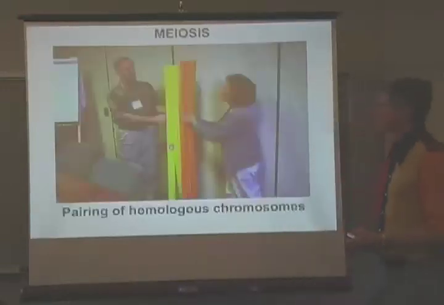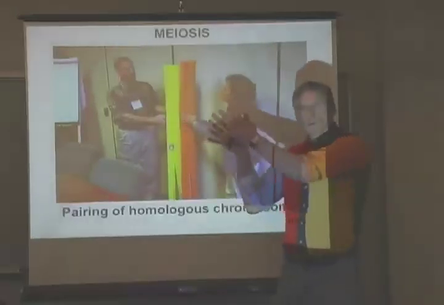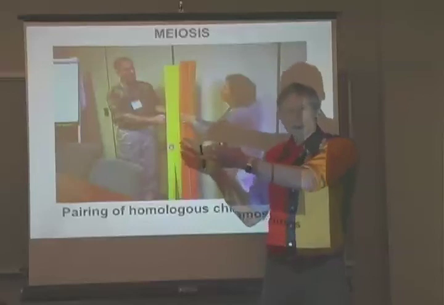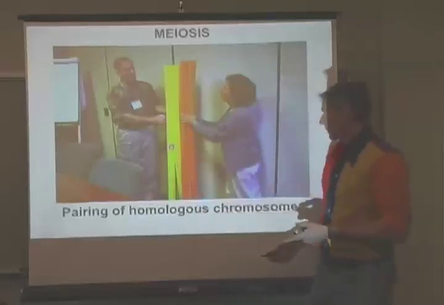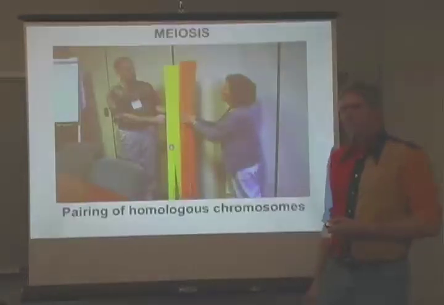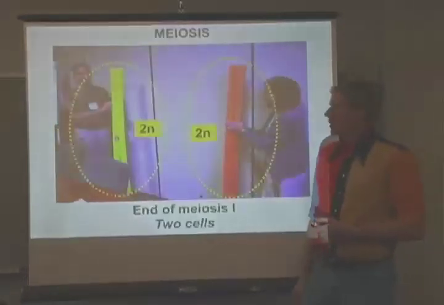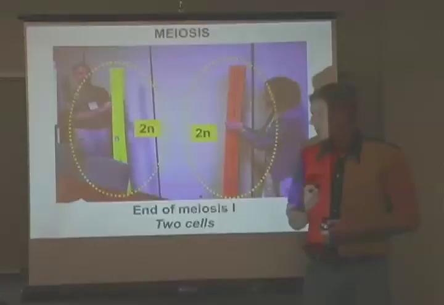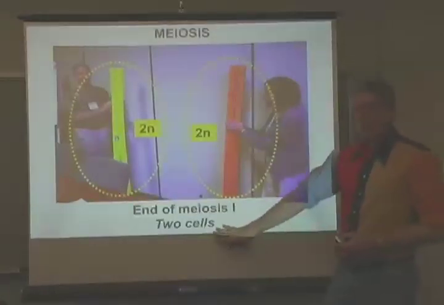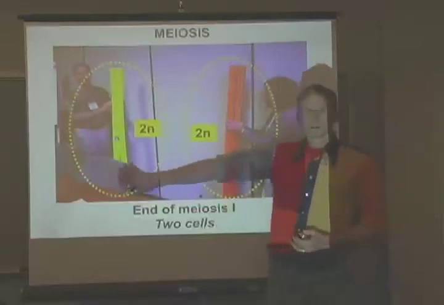During meiosis, these chromosomes form one big pair, a pair of pairs. Okay, so these are homologous chromosomes, 4 of them pairing together. In the first division, they're separated back, 2 cells are formed, and you have 2N in each cell.